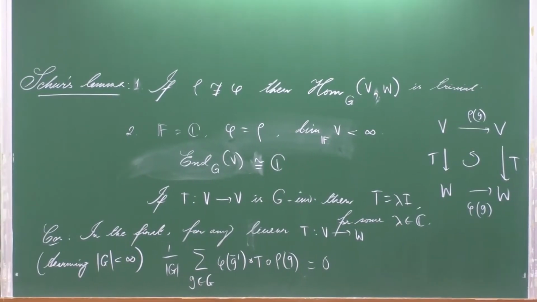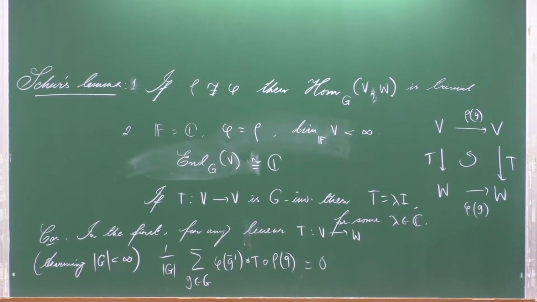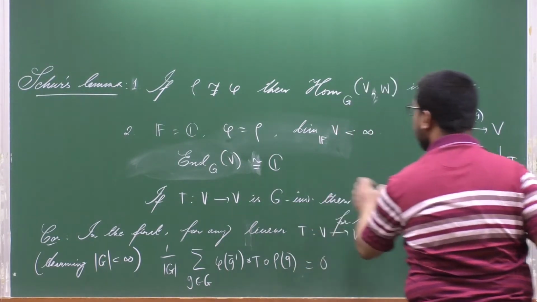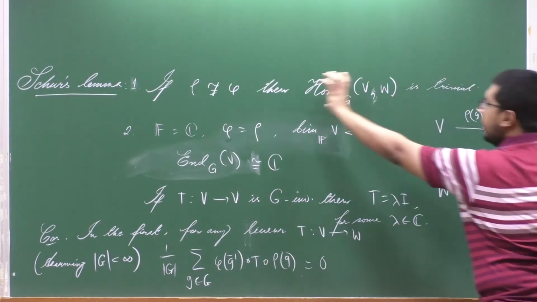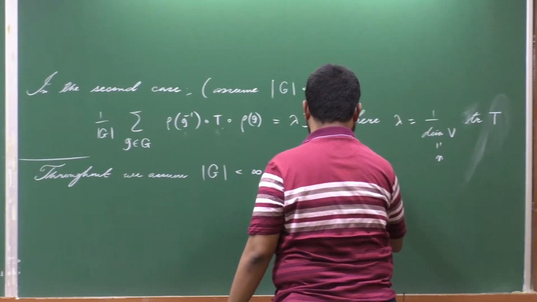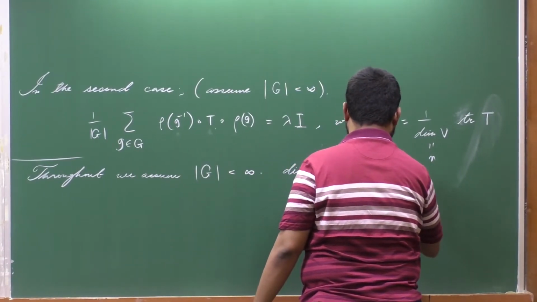Throughout we assume G is finite, and also now we assume both V and W are finite dimensional. Again, in this case it was not necessary, but we are now restricting ourselves to this situation.